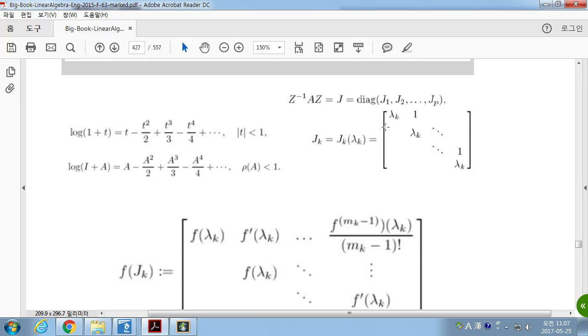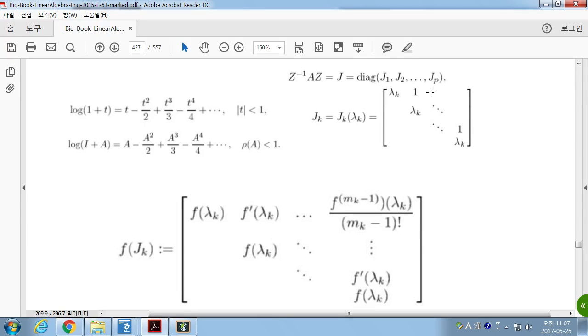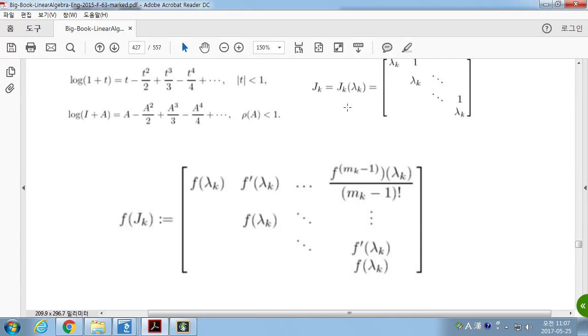This is a typical form of the Jordan canonical form that you will learn in chapter 10. If you can do this, which you have learned in the calculus class, and you will learn particularly on this form in chapter 10, then from here you can define a matrix function on this Jordan block.